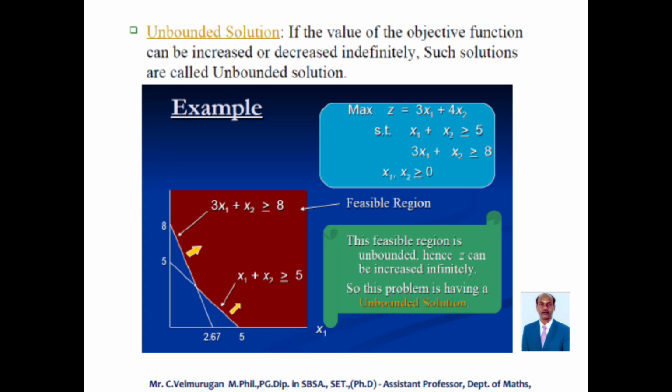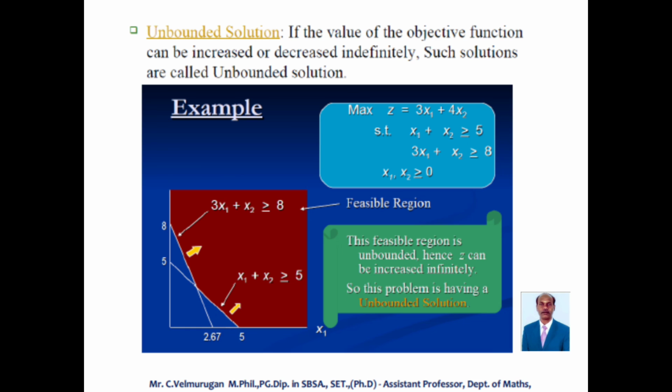Using the constraints, we can find the points. After plotting the points in the graph, we get the common region marked by the red line. In that region we want to find the maximum value. Here the region is unbounded.